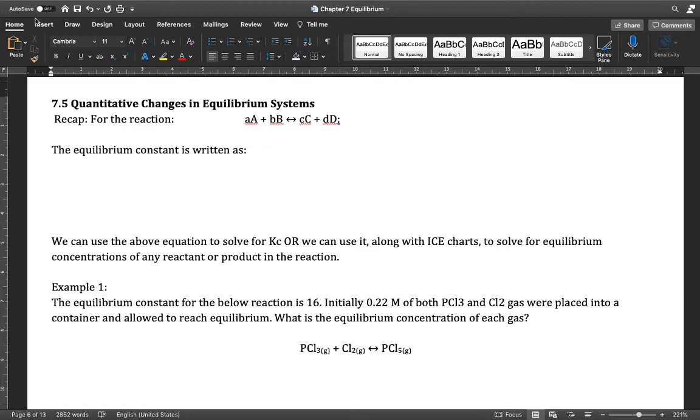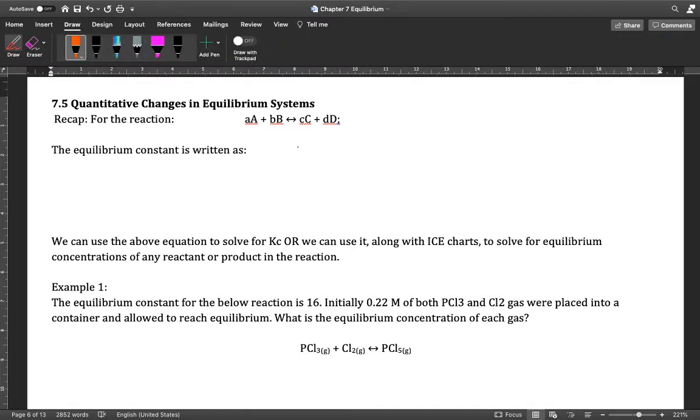Just as a recap, if you remember from 7.2, when we learned about the equilibrium constant, for any reaction, let's say this hypothetical one is the one we're looking at, the equilibrium constant is K. You can find K by taking the concentration of each of the products and raising them to whatever the coefficient is.